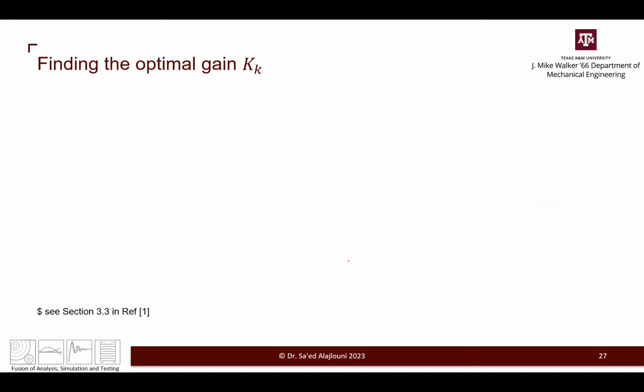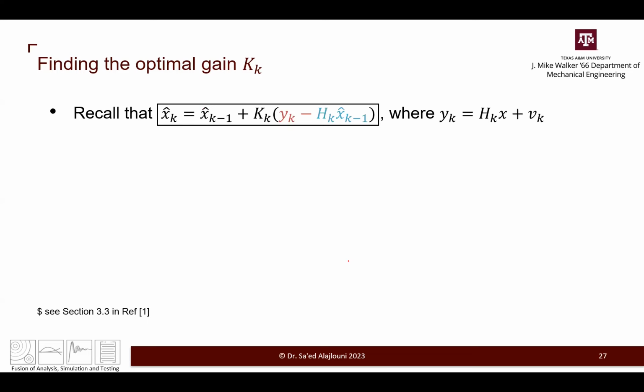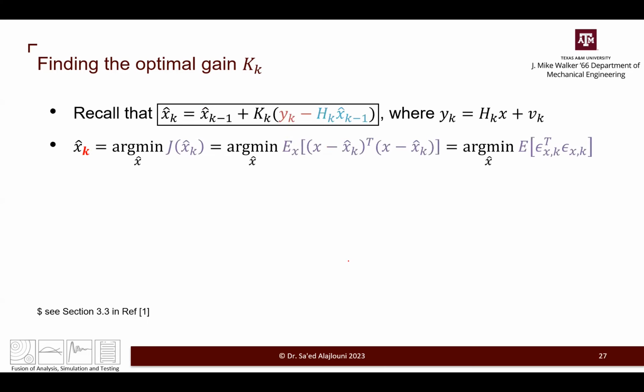We gave you the form of the estimator. We know that the estimator is the expected value of x given all previous measurements, but we don't know what K is. So how do we find K?